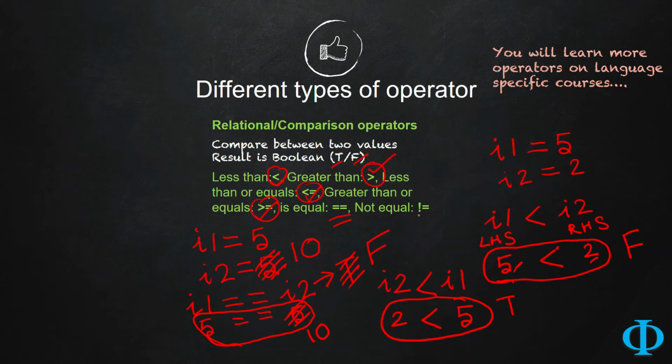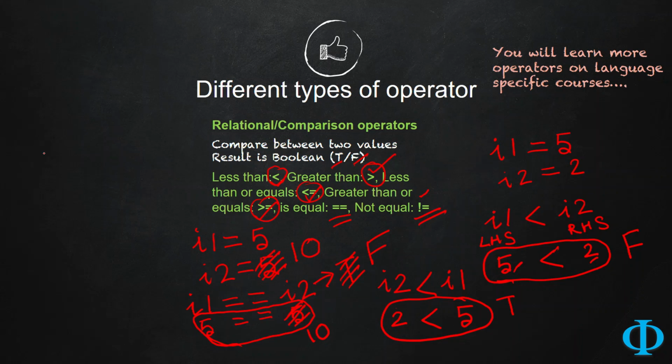Just the opposite thing is done by the not equals symbol, that is the exclamation sign followed by the equal symbol. The exclamation sign is used to tell the compiler or the system that this is a not. So the not equals operator does just the opposite thing.